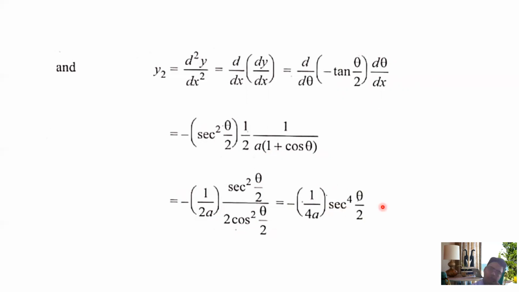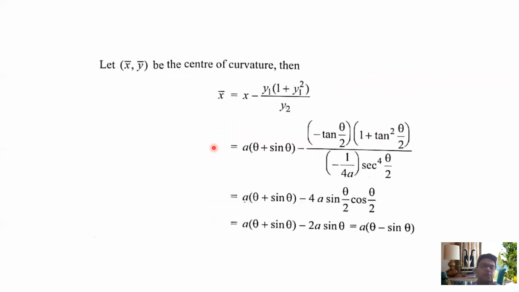So now you know y1, now you know y2. Now let x bar, y bar be the center of curvature. Then x bar is equal to x minus y1 into 1 plus y1 whole square by y2, that is a into theta plus sine theta, substituting y1 is equal to minus tan theta by 2, plus 1 plus tan square theta by 2 divided by minus 1 by 4a sec to the power 4 theta by 2.